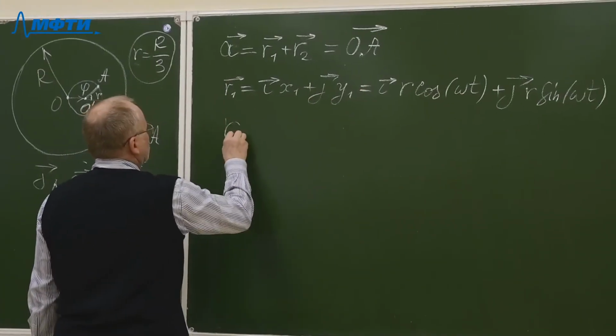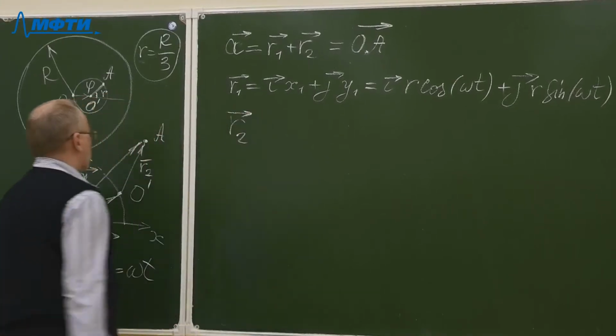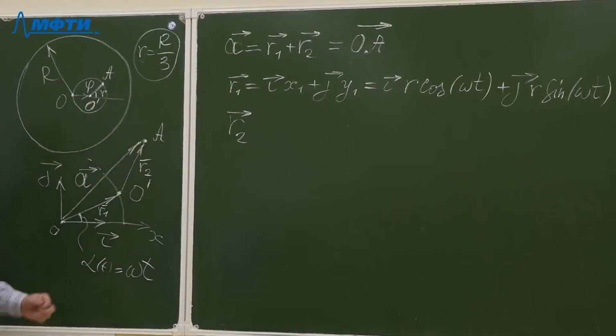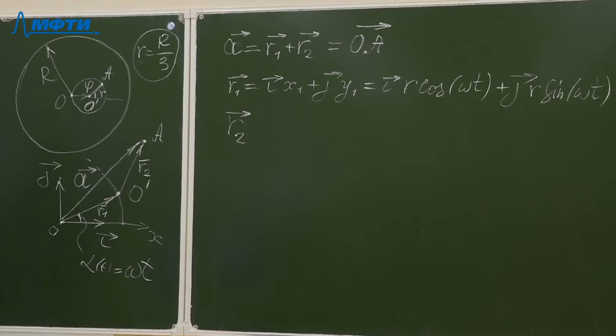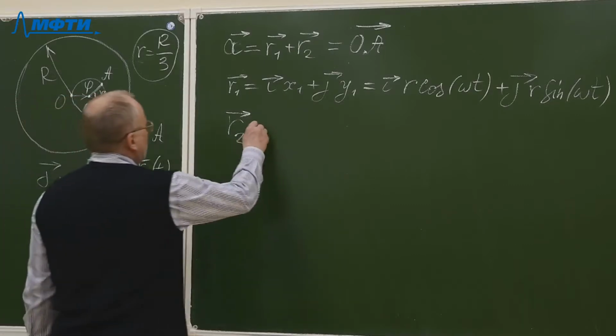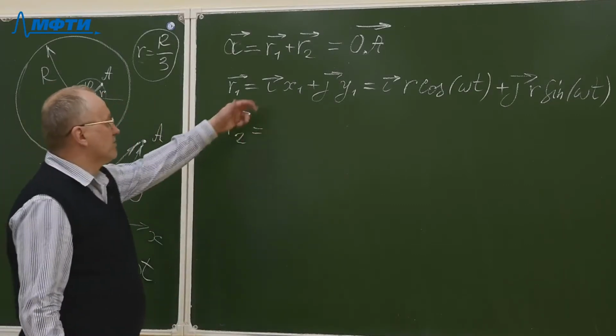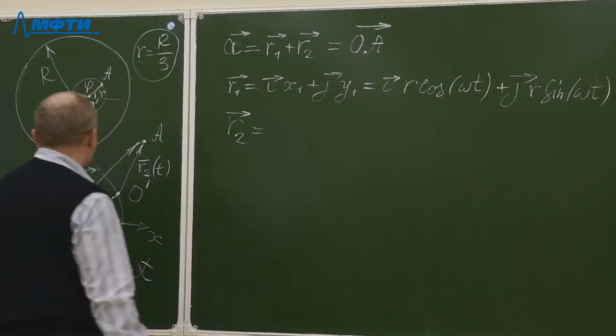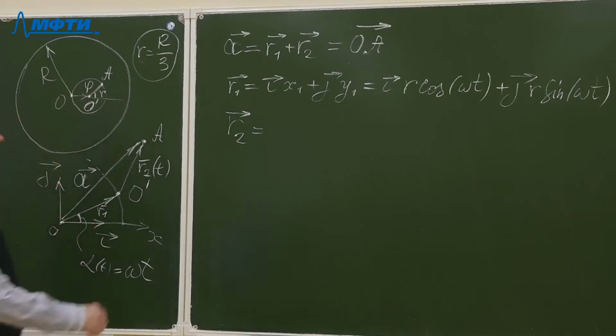What is vector r2? This vector is also rotating. It's changing in time. All these vectors are functions of time. So vector r2 can be presented in similar way using the unit vectors i and j.